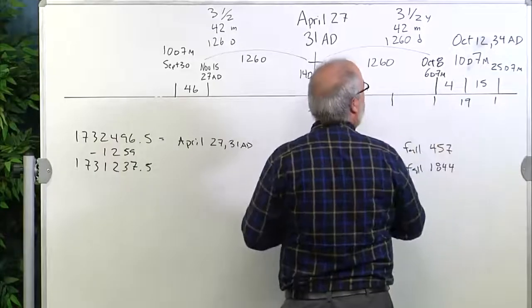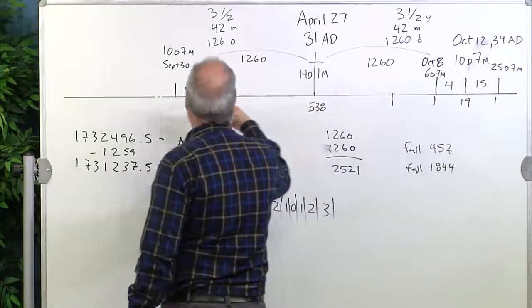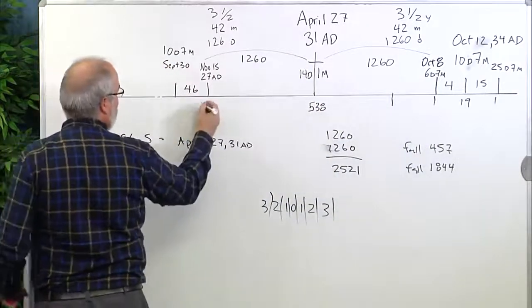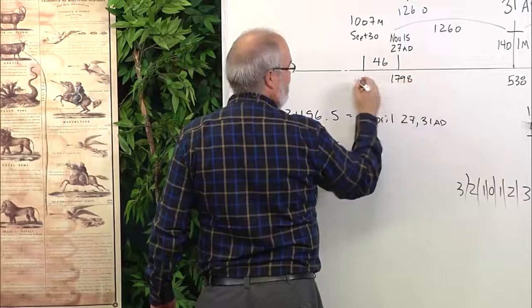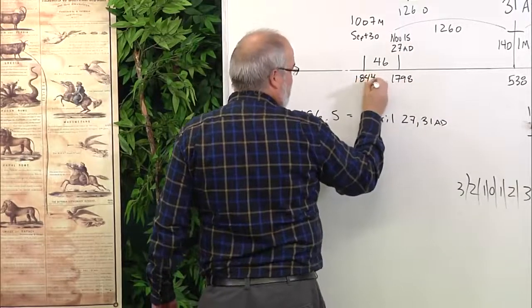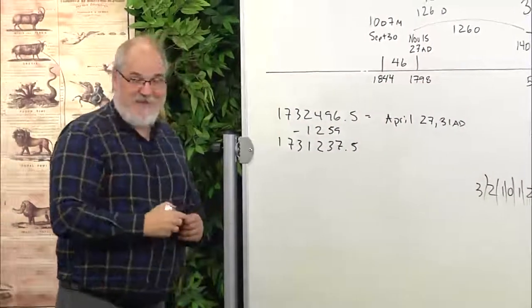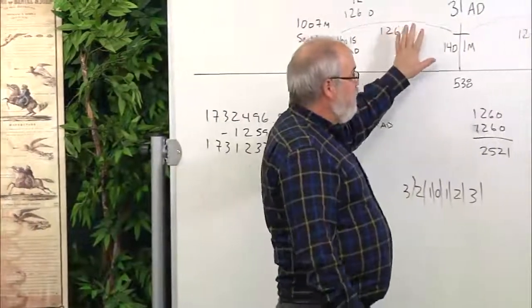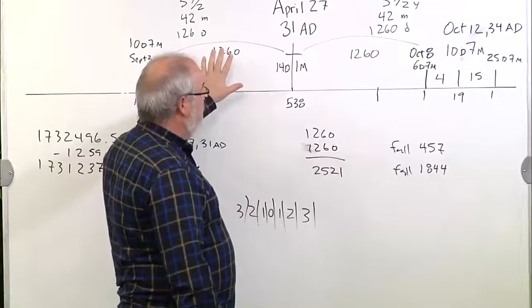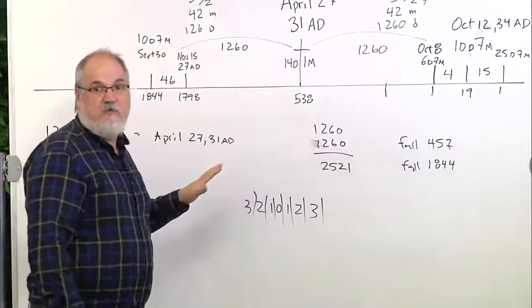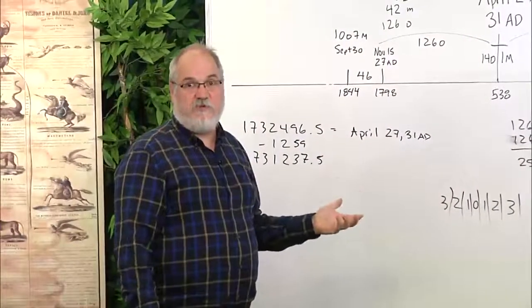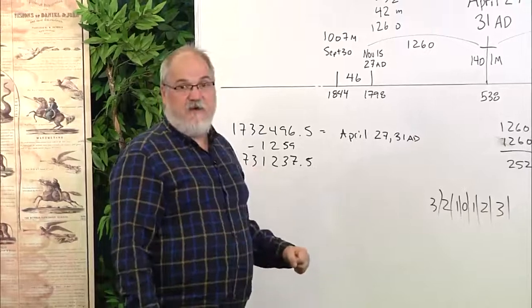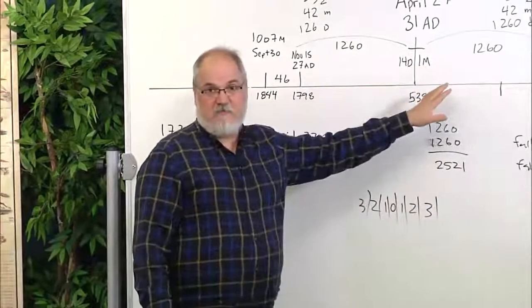Now this 19 years can stay here, but that means I have to go this way. And this is 1798, and this is 1844. Does this make sense, what I'm doing? I'm taking these 1260s and saying these 1260s need to represent the 2520 for northern Israel, because the 2520 for northern Israel is a counterfeit of Christ's covenant week.